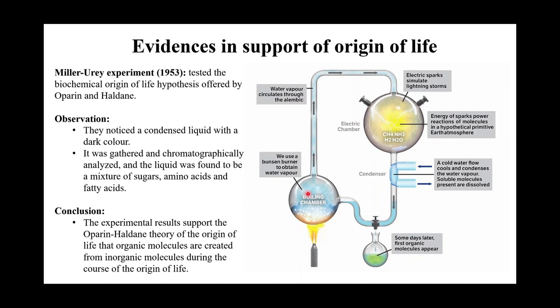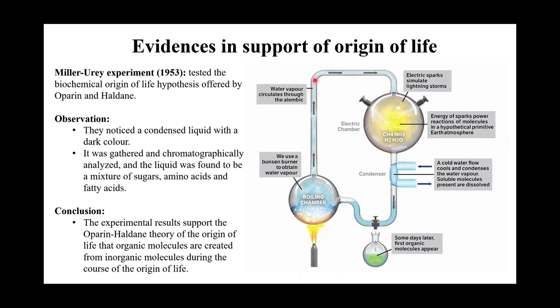Then remember, we said that the conditions on the earth subsided and the temperature went down. So here the water vapor started condensing, because the temperature was kept low here. As and when these gases from the boiling chamber started moving upwards, they started condensing, and these condensation products moved into this chamber, where they had electrical sparks.